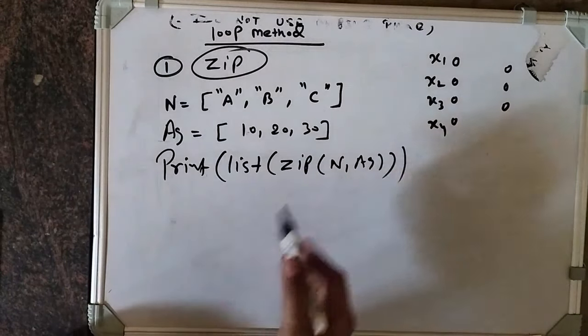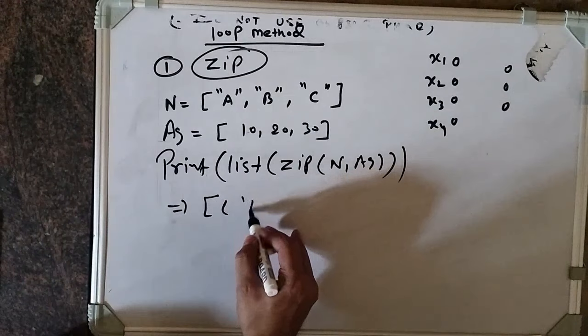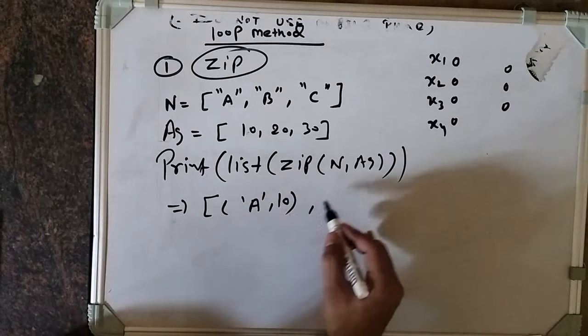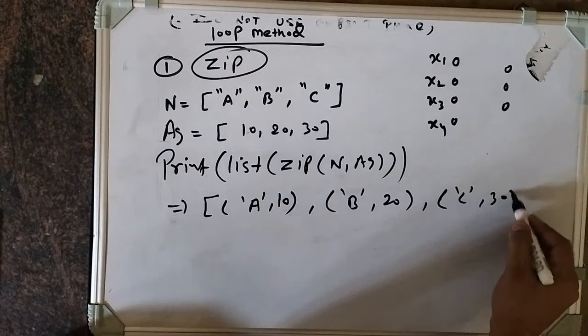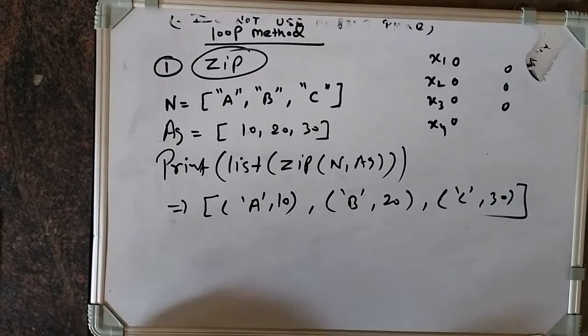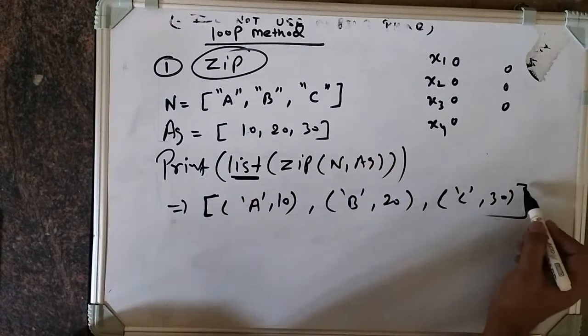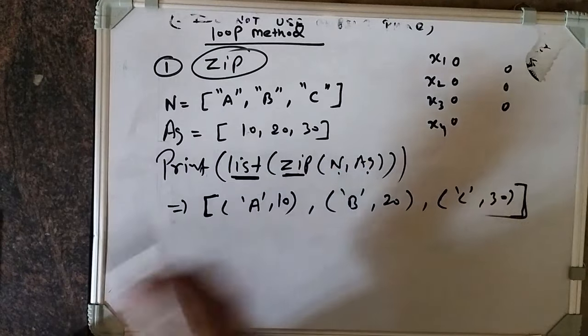So what will the output be? The first one is a, and its age is equal to 10. Then second b, its age is equal to 20. Then third c, and its age is equal to 30. What is the meaning of zip?